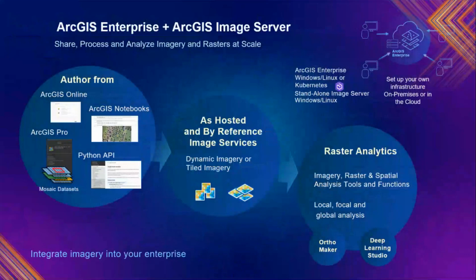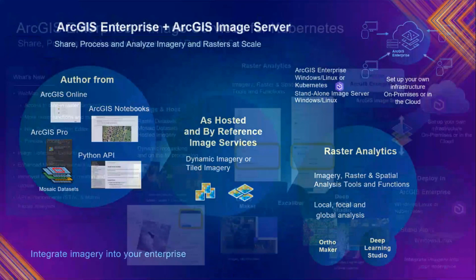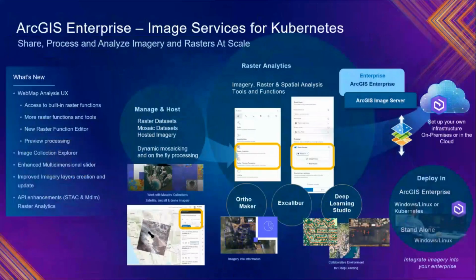Whilst Pro is running on a single machine, ArcGIS Enterprise can run on multiple machines. We came out recently with ArcGIS Enterprise with image services for Kubernetes. This is actually using the power of Kubernetes to enable distributed processing of the data over multiple machines or cores. It's a very, very powerful way of scaling up the different types of analysis.